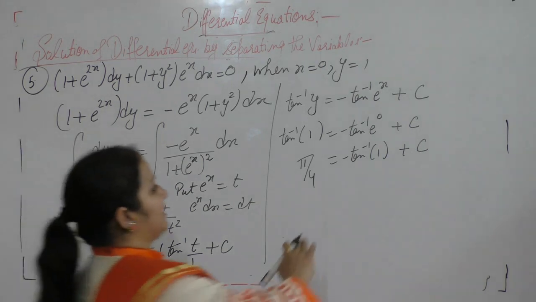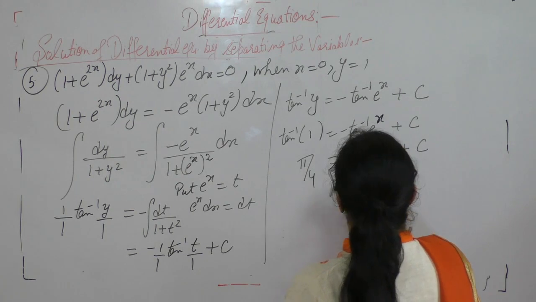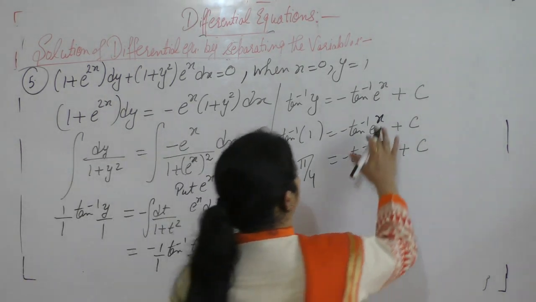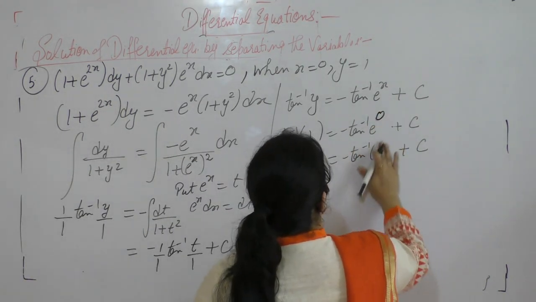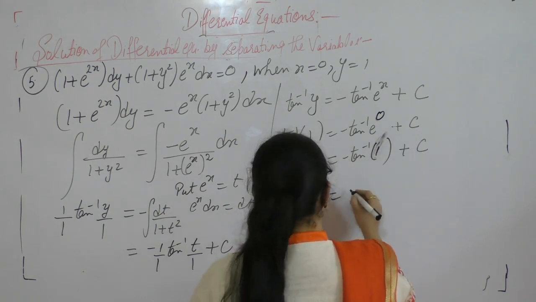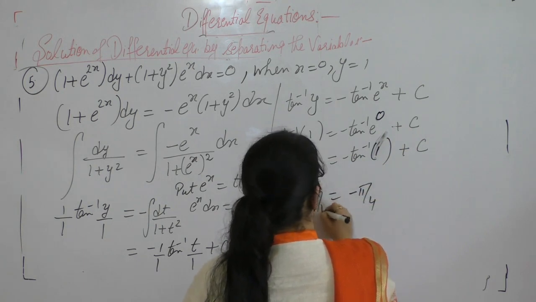Or we can write it as e power x. So c is equal to, here we have to put the value of x as 0, something power 0 is 1. Tan inverse 1 is pi by 4.